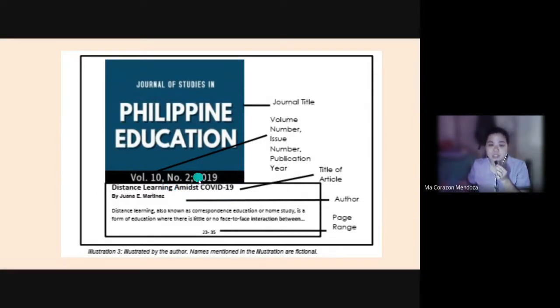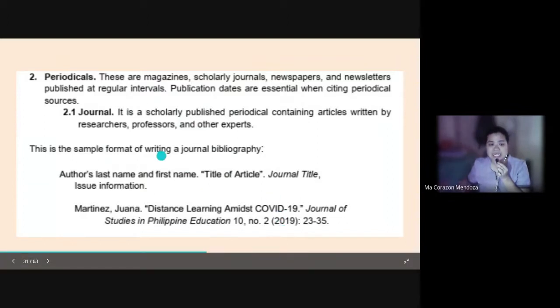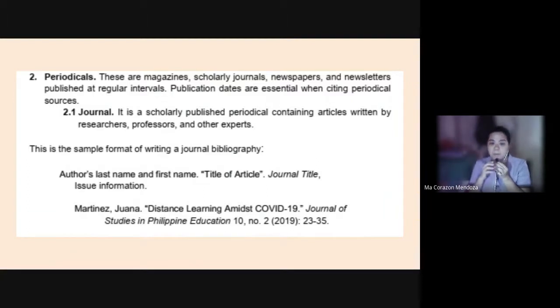And then the 2019 here is the year that the journal was published. So you will just put the 2019 inside the parentheses and then colon 23 to 35, which is the page numbers where we can find the article Distance Learning Amidst COVID-19.